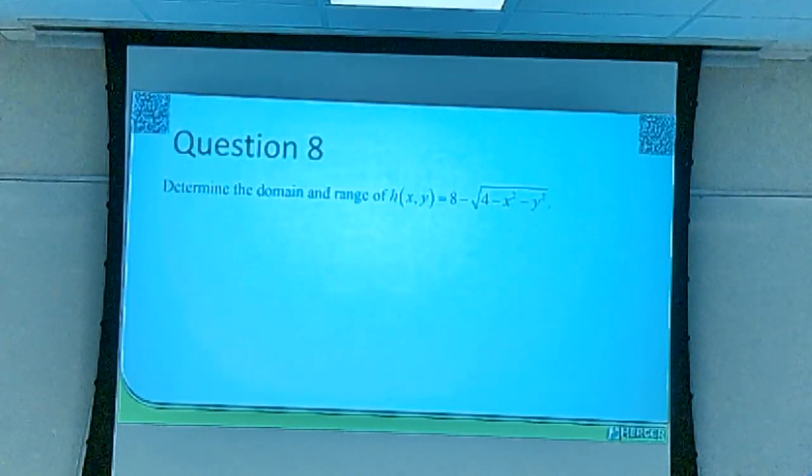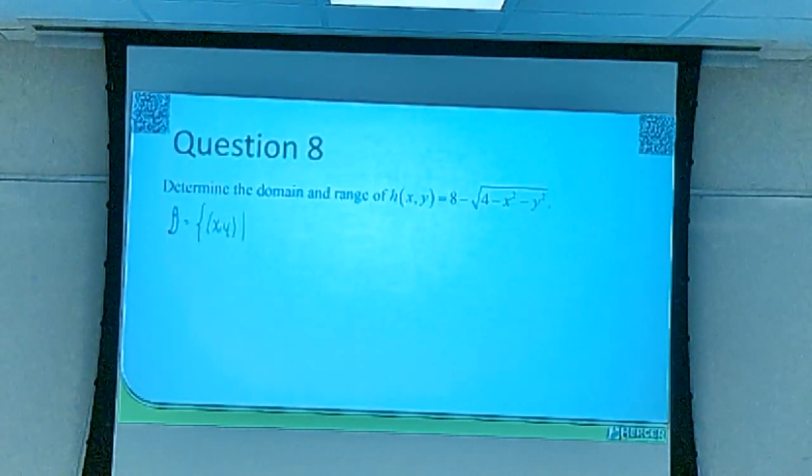Domain and range here. But what's the rule for square root?